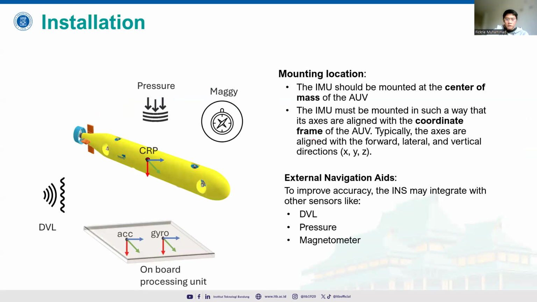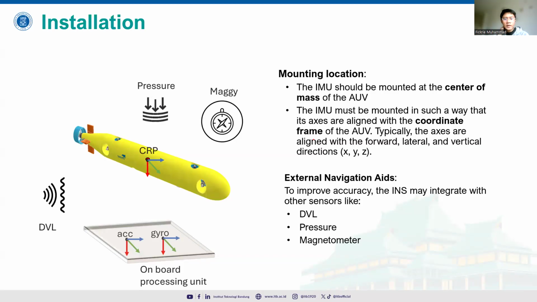Okay, we were talking about the types of IMU that are commonly used, which are the gimbal-based and the strapdown one. It also defines how we install our IMU sensor to our platform, for example, to our AUV.